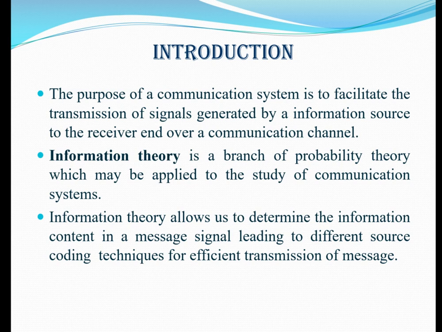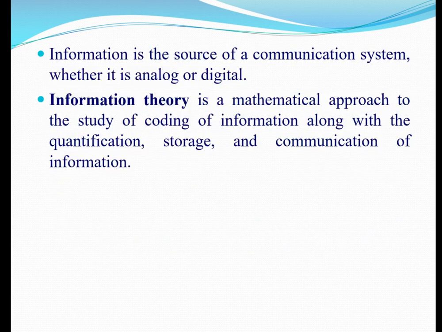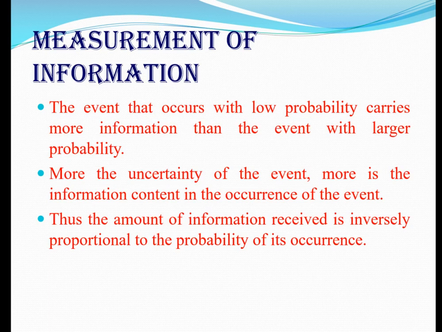This information theory helps us in determining the information content present in that particular message signal, leading to different source coding techniques for efficient transmission of the message. So information theory becomes really important as it measures the information, which helps in implementing different coding techniques to that information and transmit the data.